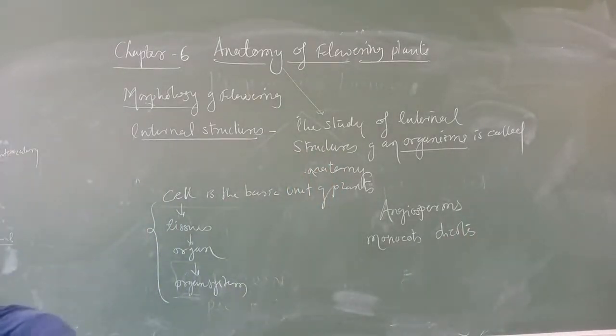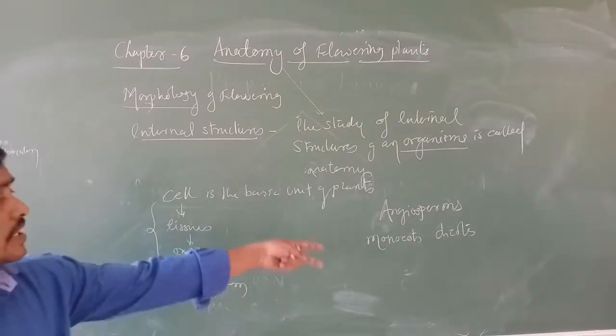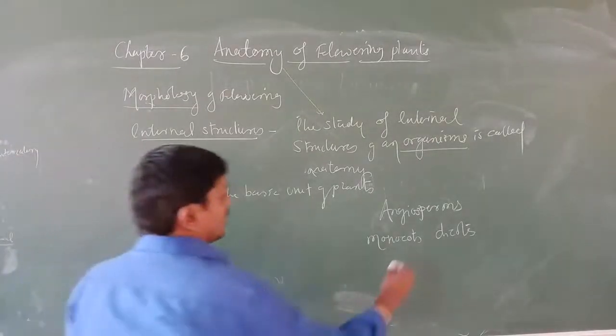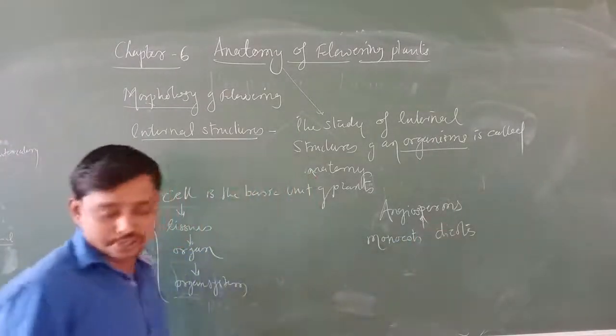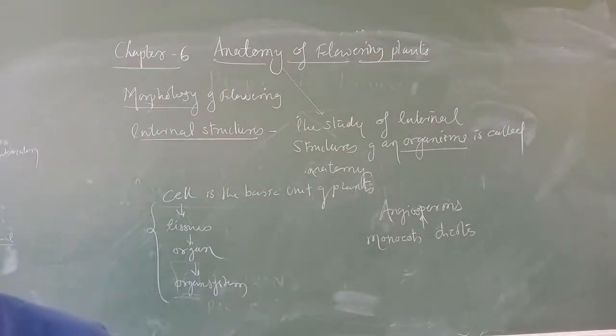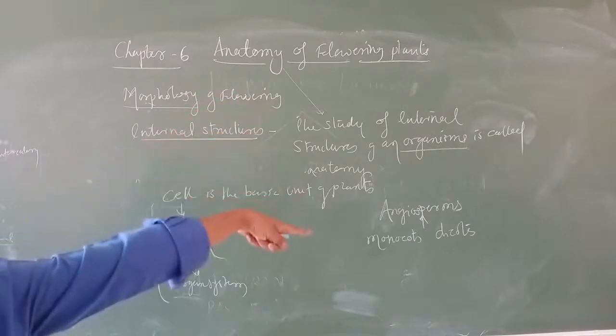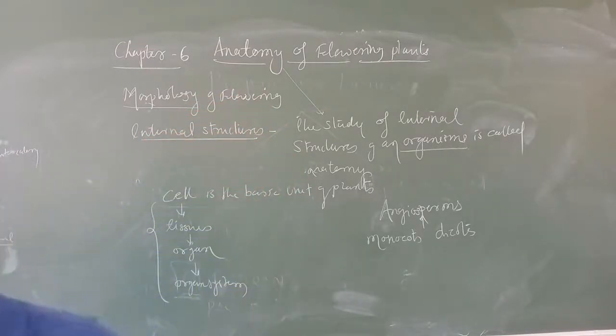Monocots and dicots, D-I-C-O-T-S. Here the internal structures of both these monocots and dicots are different. They come under the angiosperms. Okay. The angiosperms are the flowering plants. Whatever we are studying now, all the flowering plants come under the angiosperms.